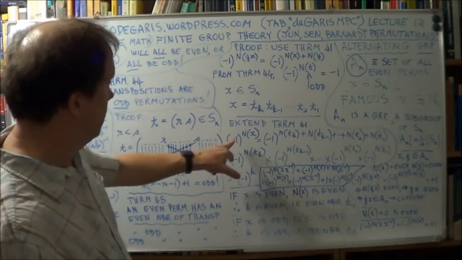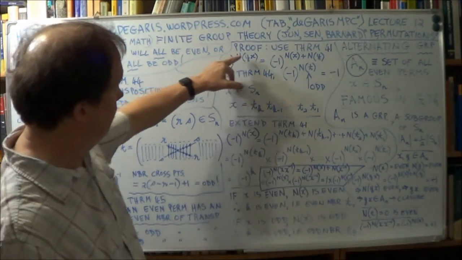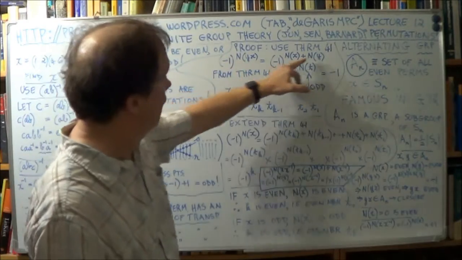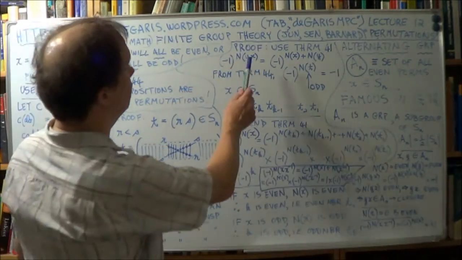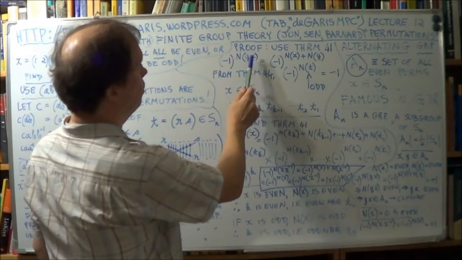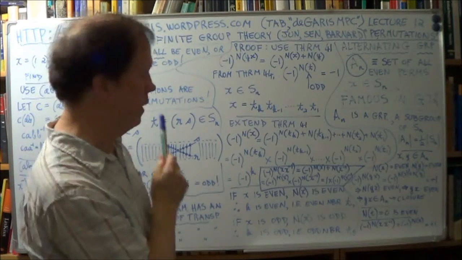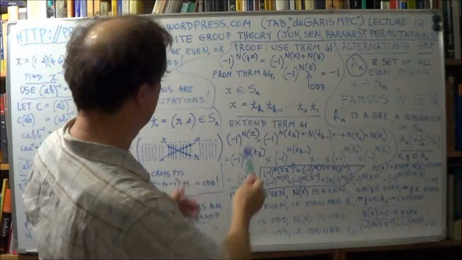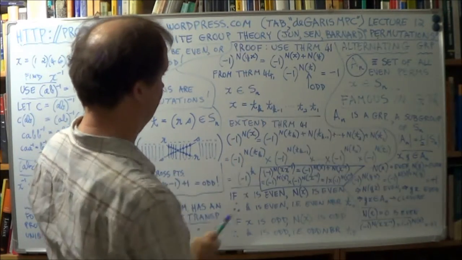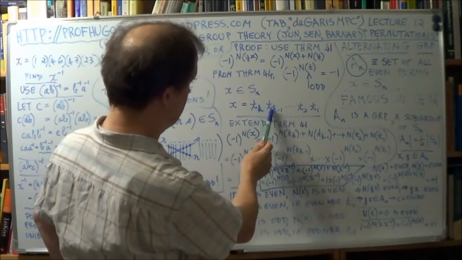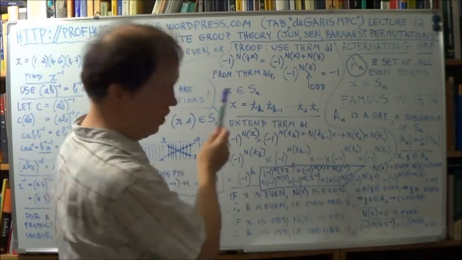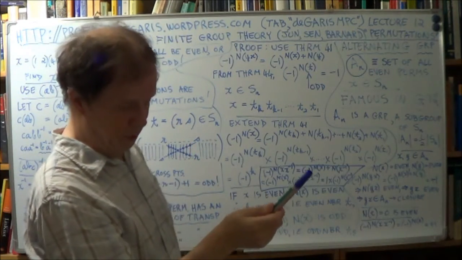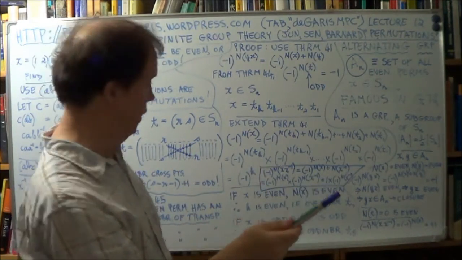All right. Now let's take theorem 41, this statement, and generalize it. So instead of having just the product of two permutations, let's have k of them. Right? Now these are just, okay, they're transpositions, but transpositions are permutations.